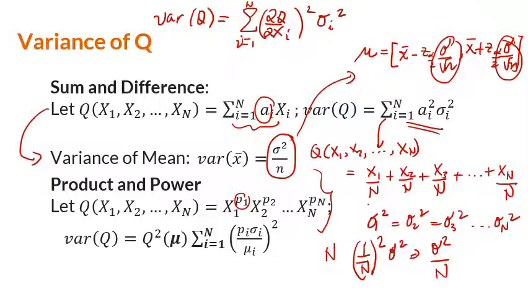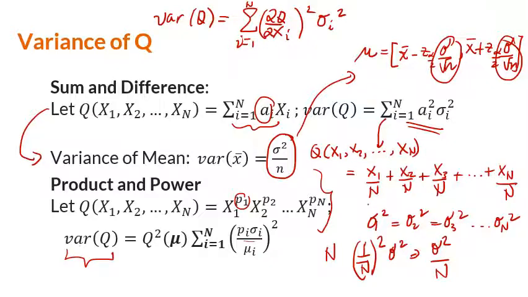So your variance of q is given by q squared evaluated at mu times the summation of your exponents p sub i times the standard deviation associated with the population, sigma sub i over mu sub i, yung whole thing squared. So yan yung formula for the variance of Q.